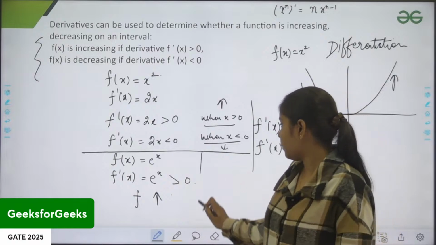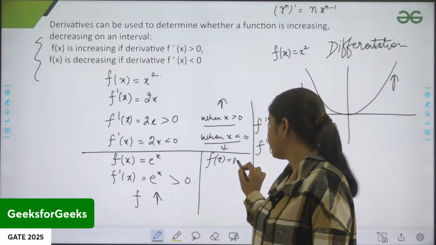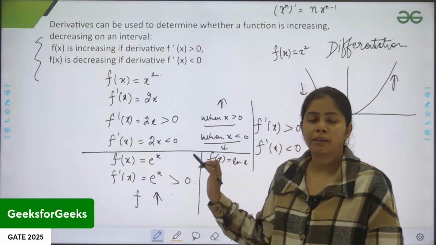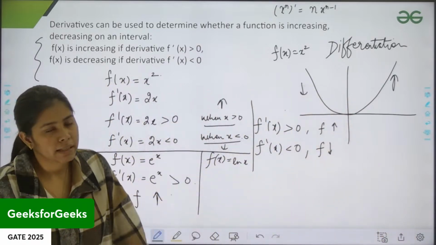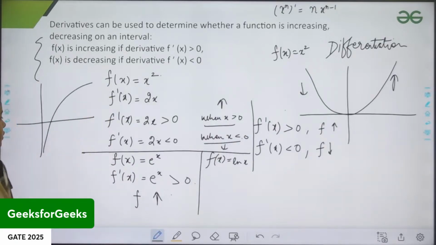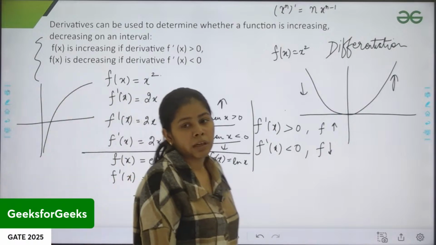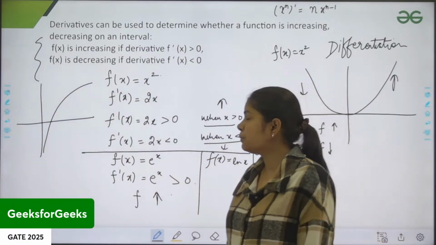Acha guys, just tell me about log x function. What about log x? Basically, I told you the graph of log x. Log x is only defined when x is greater than 0, because I told you that the graph of log x is this function. So it is defined when x is greater than 0. So tell me, is it increasing or decreasing?